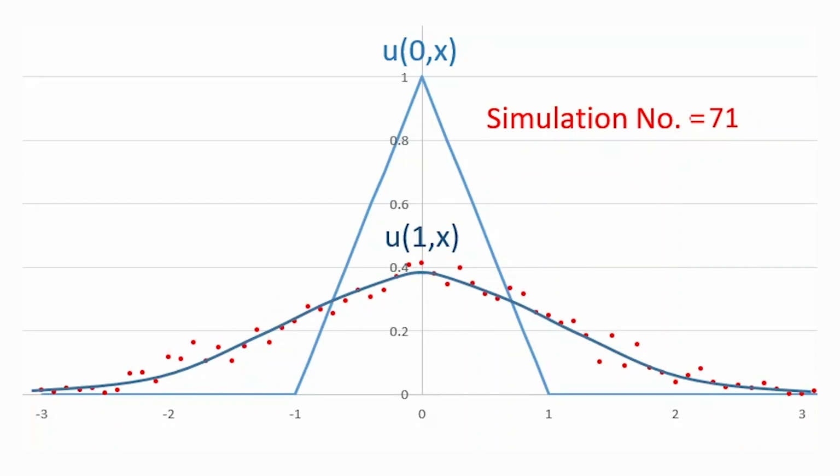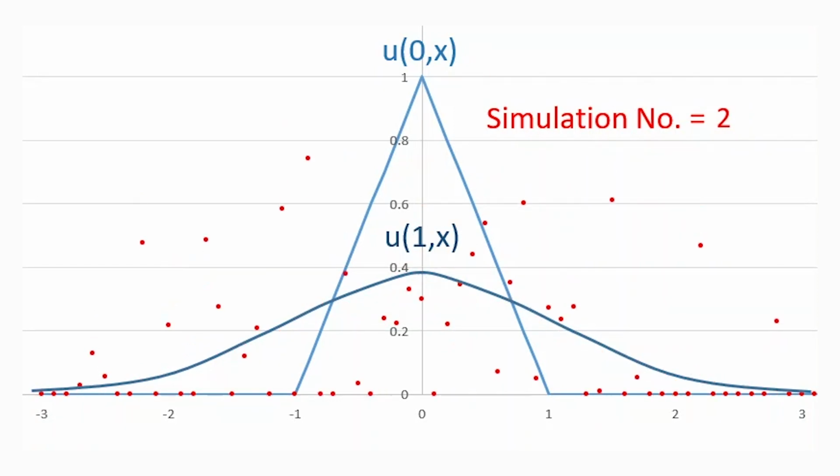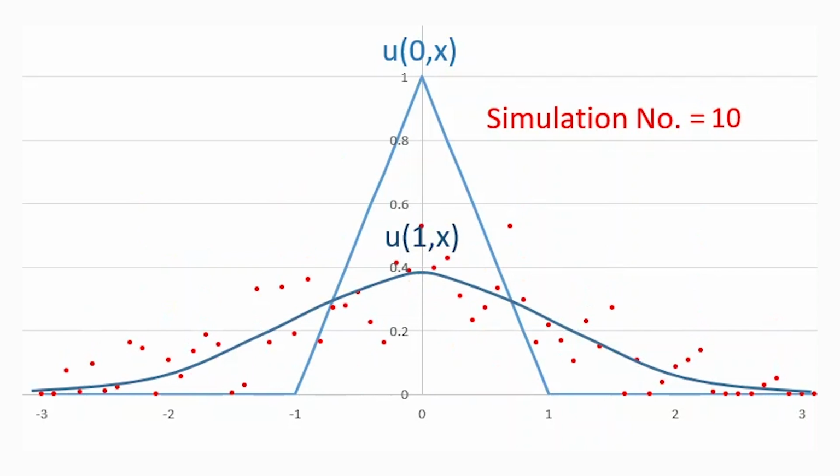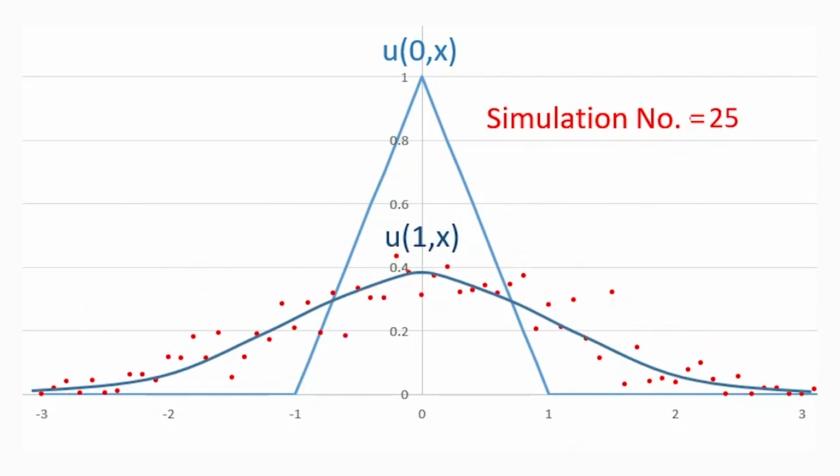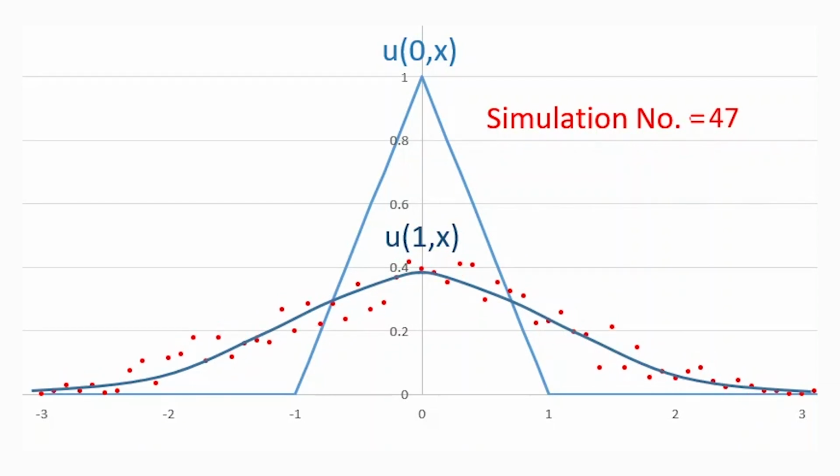This blue line shows the solution at time 1, and this line is the given initial data. These red points are, given any particular point x, the solution value.